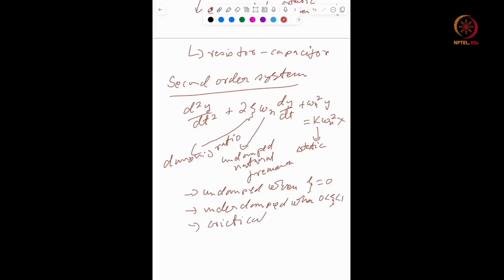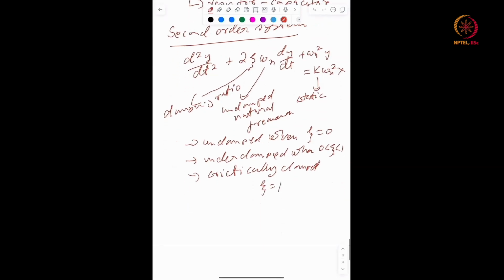So there is an overdamped also. Critically damped when this is equal to 1, and overdamped when zeta is greater than 1.